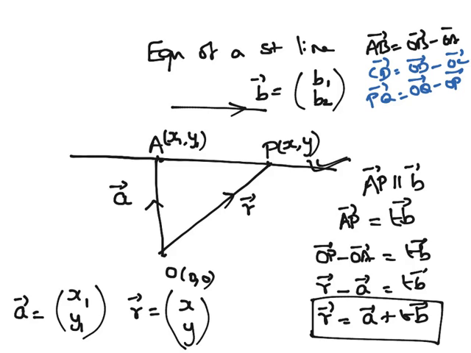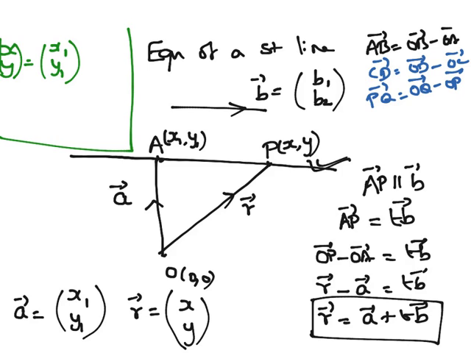You can also write this as, I'll write it in the top left hand corner. I'll write it here. So I can also write it as R vector, which means x y, equal to A vector, which is x1, y1, plus t times B vector, so b1, b2. So you can also write like this. So this is called as the vector equation of a straight line.